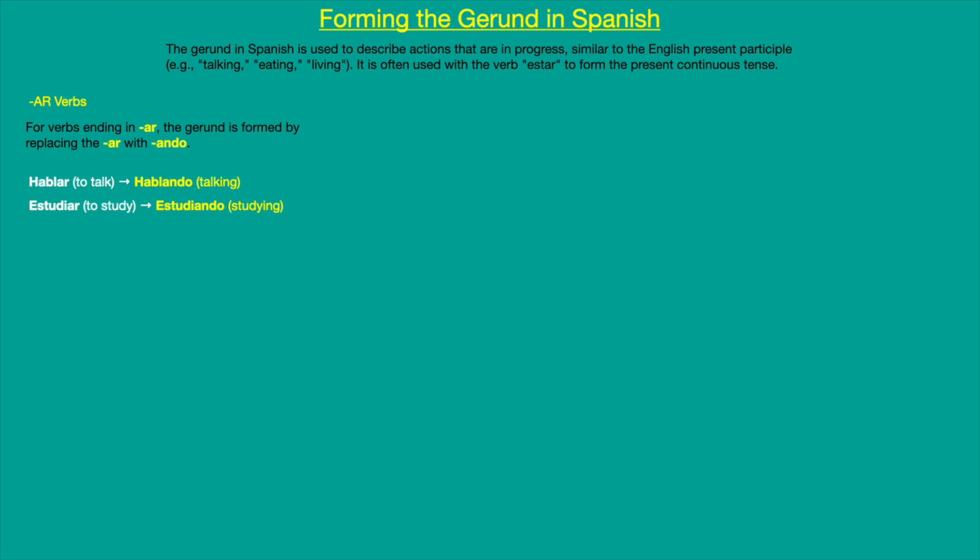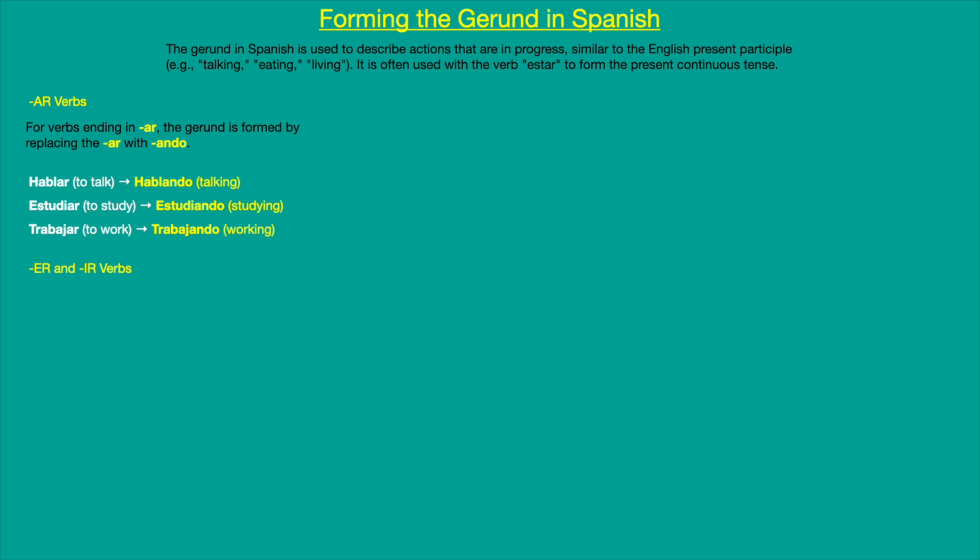The same happens with another verb. For example, estudiar ends in AR. Estudiar is the verb to study, and when we remove the AR and put ando, we say estudiando. The same happens with trabajar, to work, which becomes trabajando. Then we have the verbs ending in ER and IR.